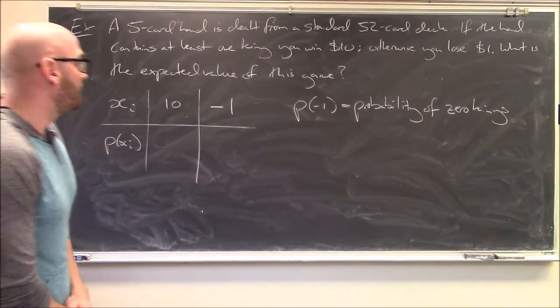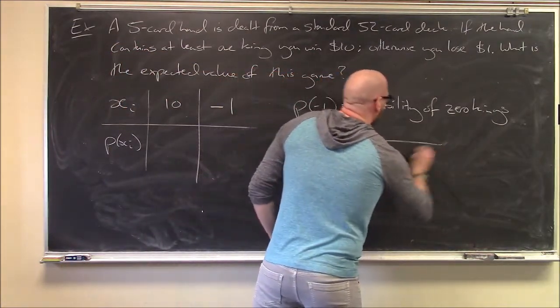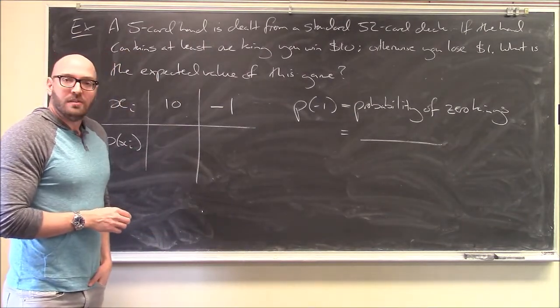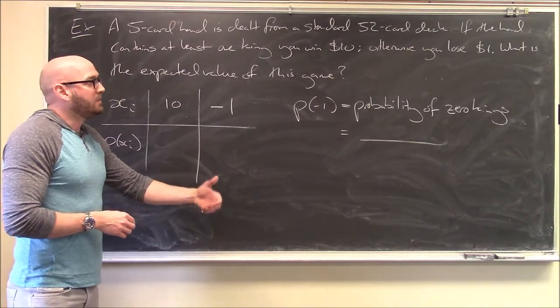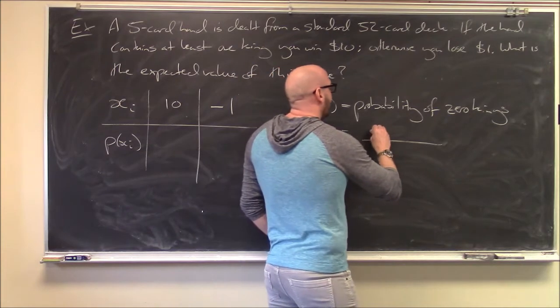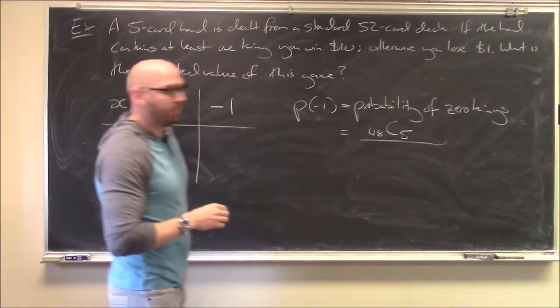So we've got the probability of 0 kings. What's this going to be? Well, how many ways can I have 0 kings? If I remove all 4 of the kings from the deck, then I'm choosing 5 cards from the 48 remaining cards. So this is 48 choose 5.